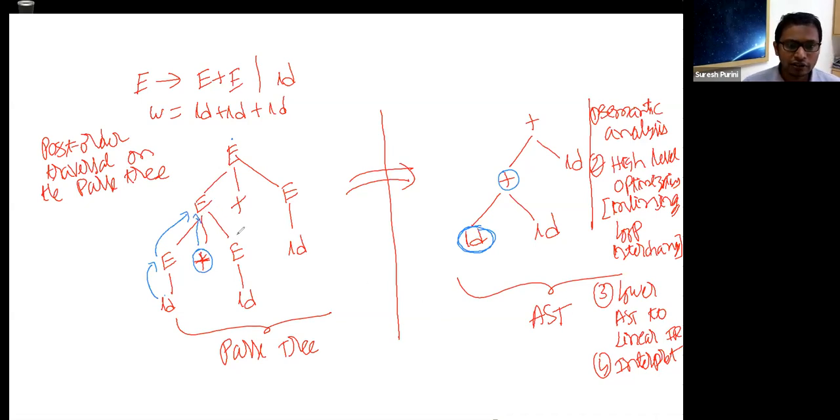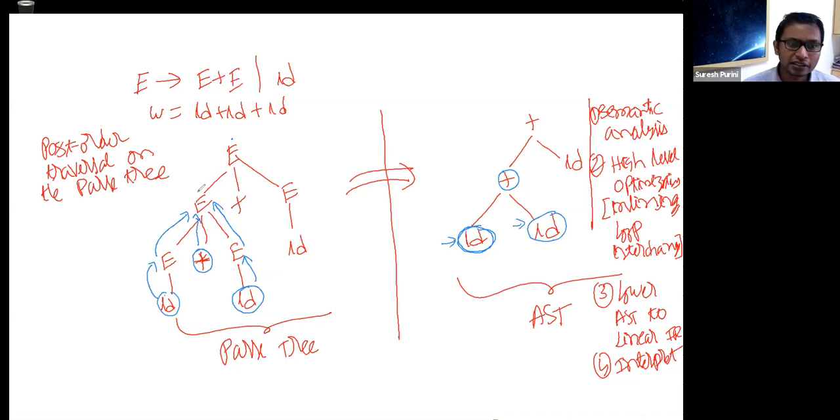Similarly, you come down along this path, and when you are at ID, you create another AST node ID, and you pass this pointer up to its parent. And the parent again passes this pointer up to its parent. Now all the children are processed. So the post-order traversal routine at node E attaches the left and right IDs, this one and this one, to the plus node.